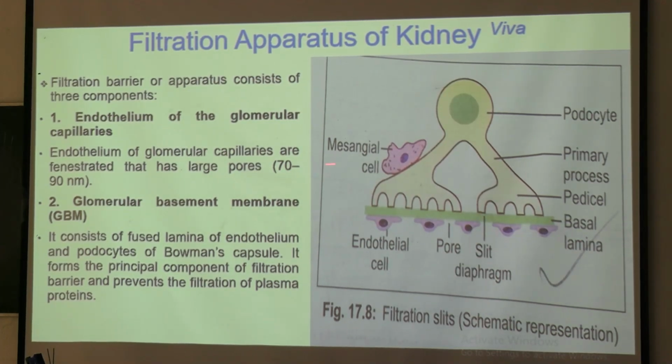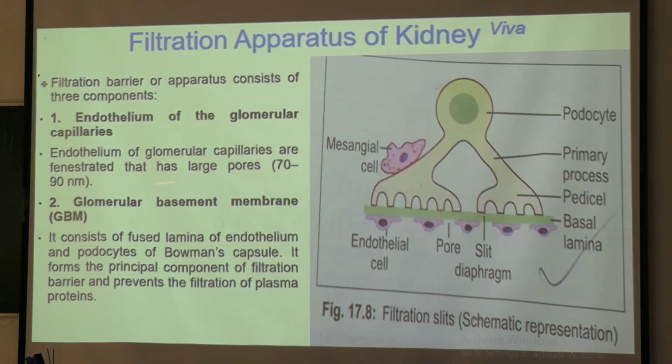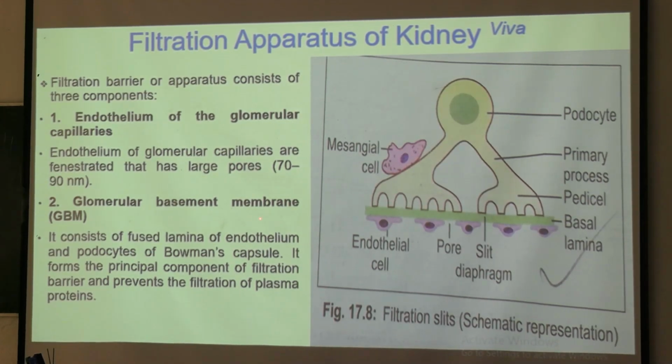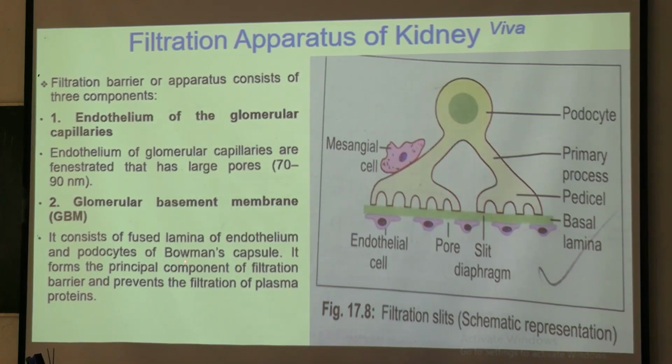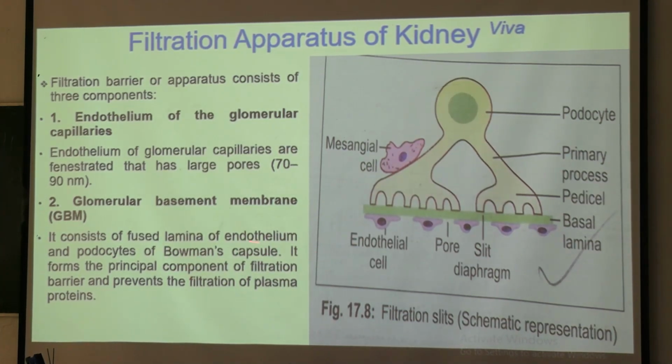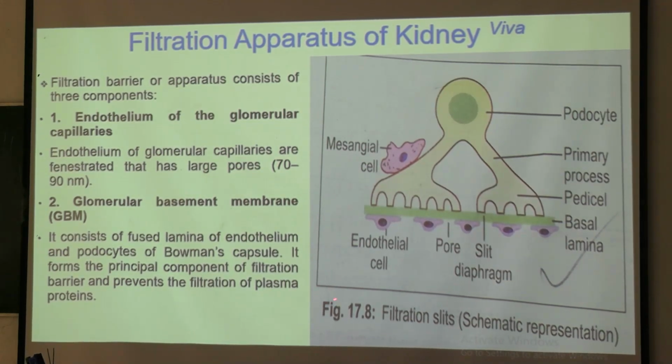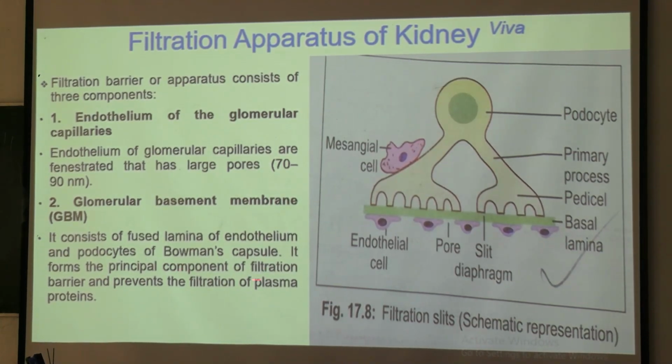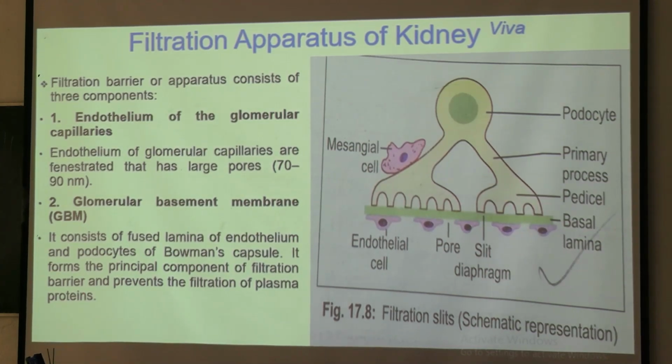The endothelium of glomerular capillaries is fenestrated and has large pores, with a pore diameter of 70 to 90 nanometers. Then there is the glomerular basement membrane. It consists of fused lamina of endothelium and podocytes of the Bowman's capsule, and it forms the principal component of the filtration barrier and prevents the filtration of plasma proteins.